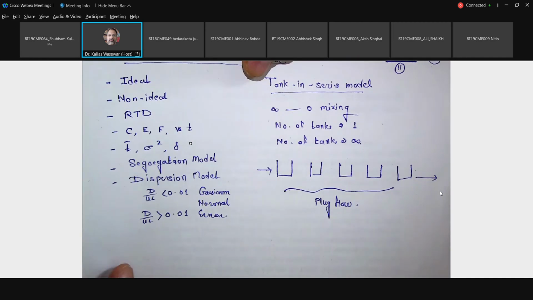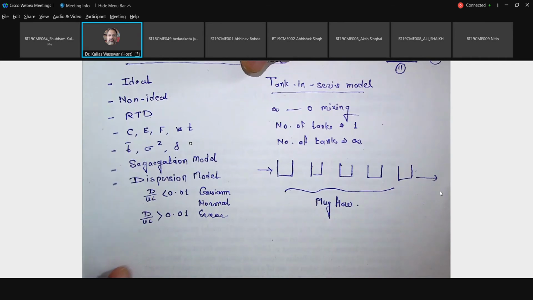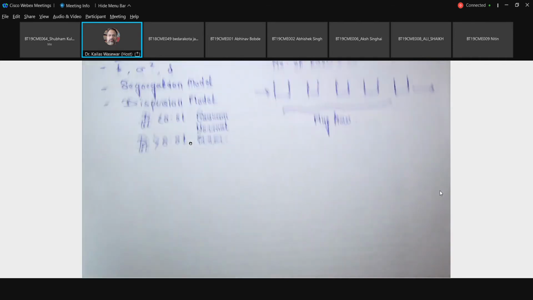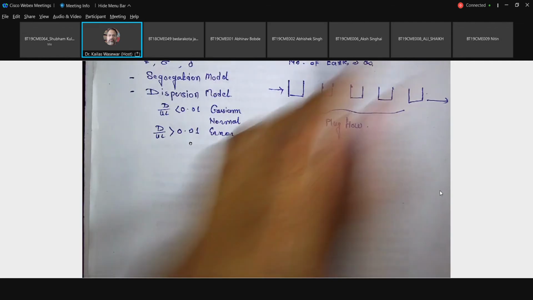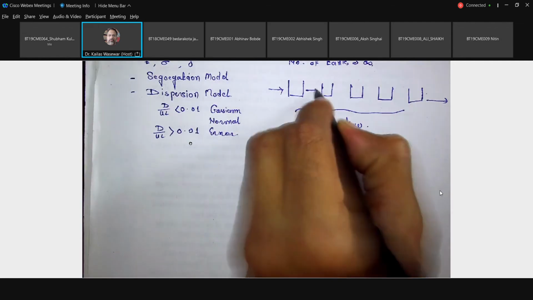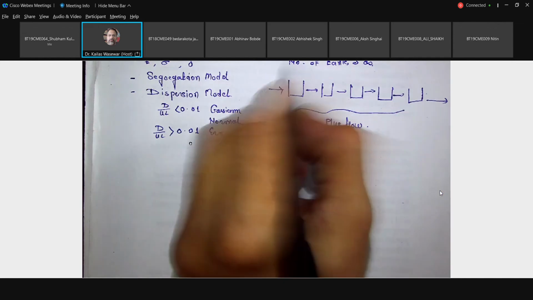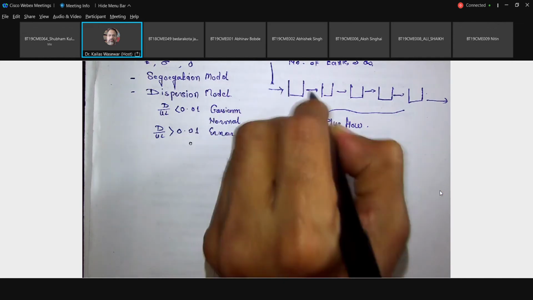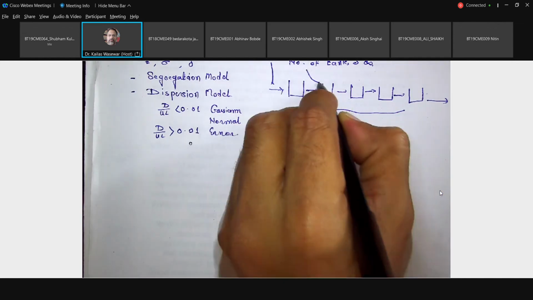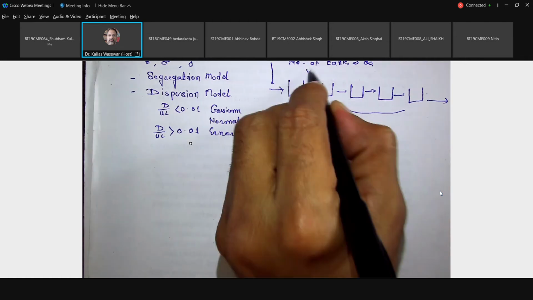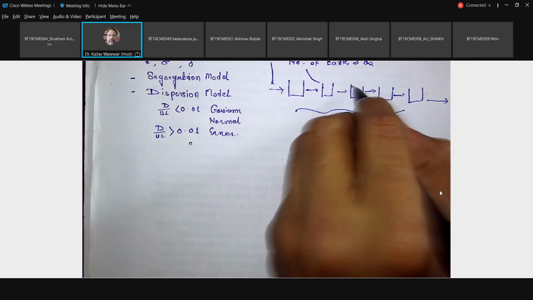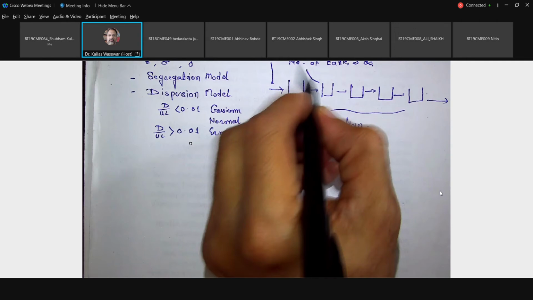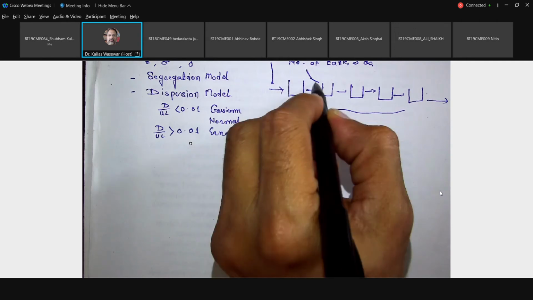In the case of spreading also, you may have these kinds of things. If you arrange the mixed flow reactors in series and you give the tracer here as a pulse input, what will you get? You will get it like this. But if you have a number of tanks in series, this is the input. After the first tank, what will be the second input?